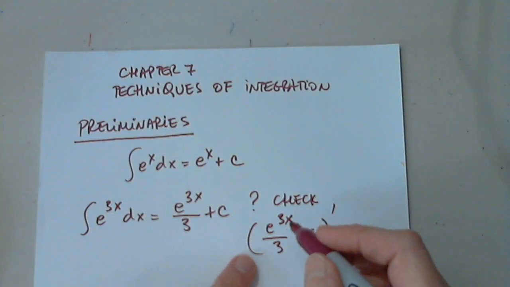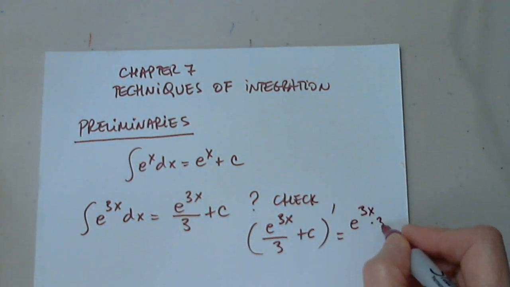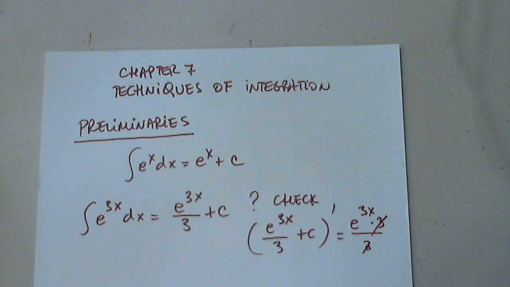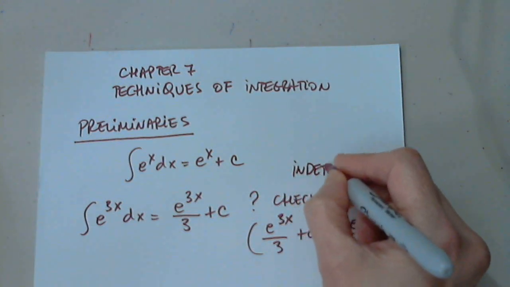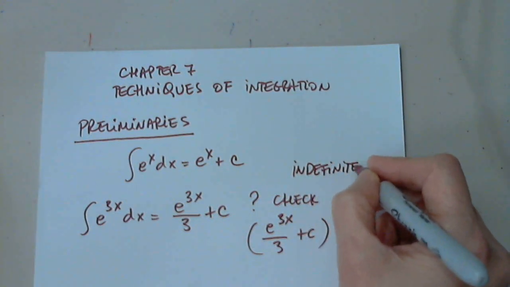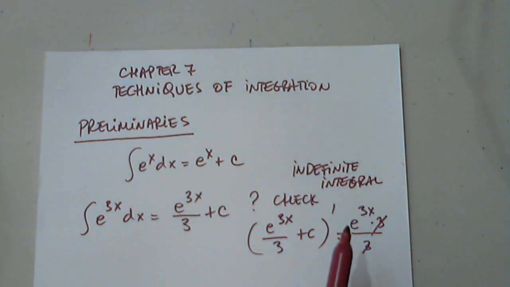And of course we do, because when we differentiate e to the 3x, we get e to the 3x times 3 divided by 3, and these two go away, and the derivative of the constant is 0, so we get back e to the 3x. Always very easy to check indefinite integrals. For indefinite integrals, I can always check by differentiating both sides.